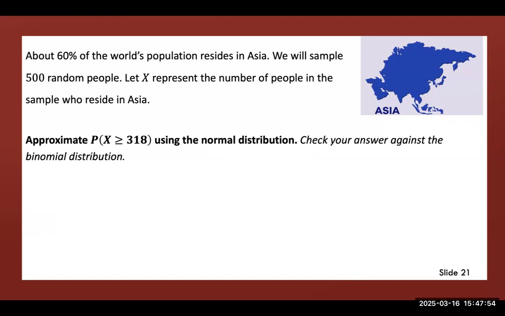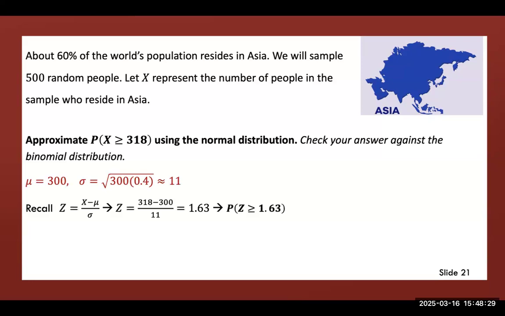We need a mean, which is the expected value, just n times p, and we need a standard deviation, which is the square root of the sample size times the probability of success times the probability of failure. So the mean is 300, remember that's n times p. You can double check that. 60% of 500 is 300. And then n times p times the failure probability, you find the square root of that, that's about 11.